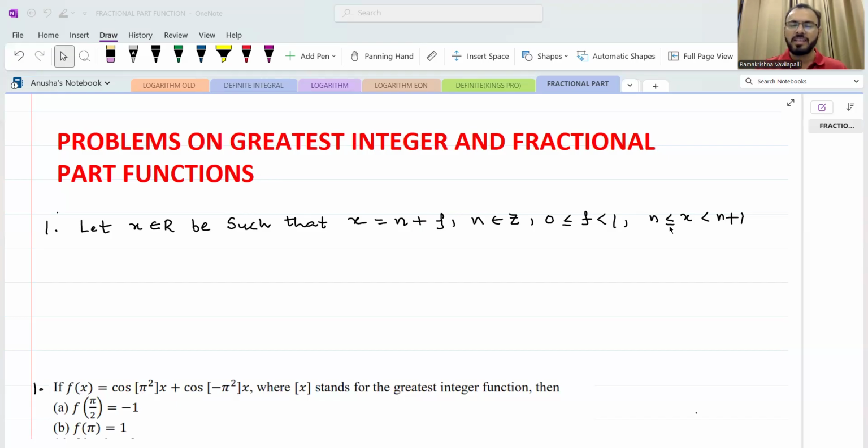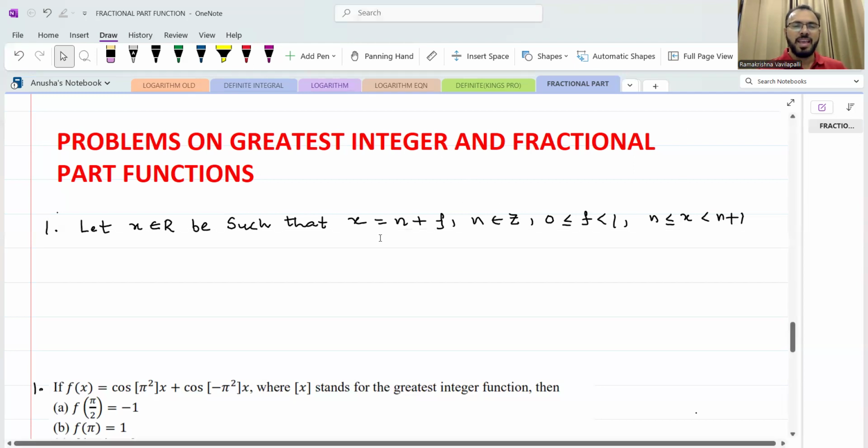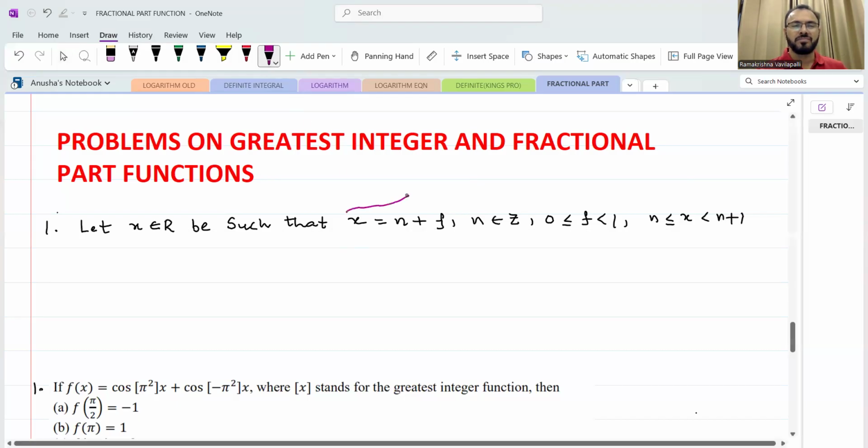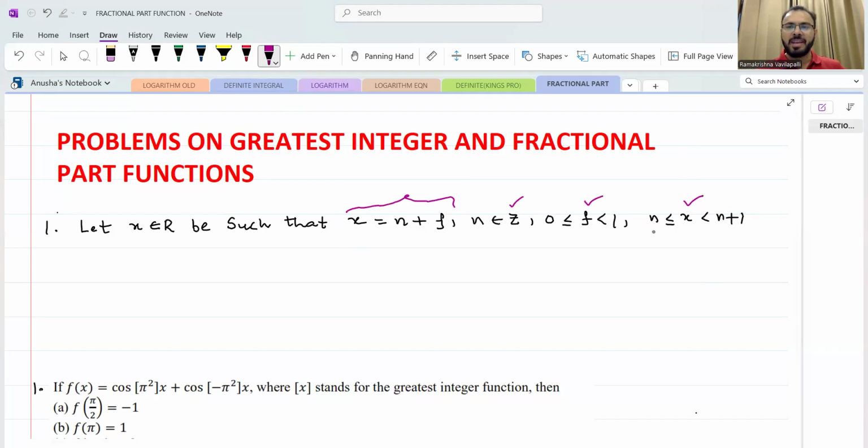It always lies between 0 and 1, including 0, excluding 1. So x equal to n plus f. N belongs to Z, f lies between 0 and 1, and x lies between two consecutive integers, including the lower and excluding the upper, n and n plus 1.